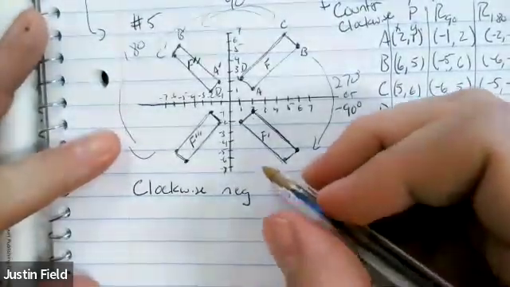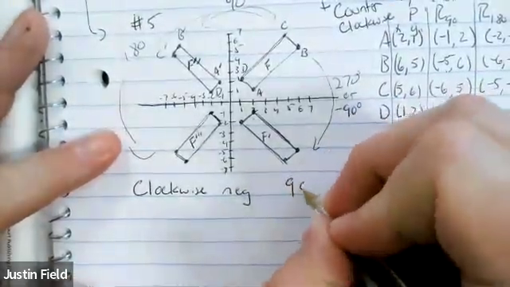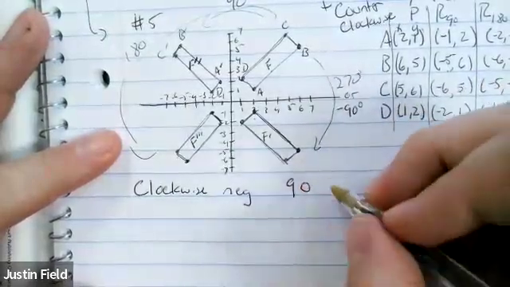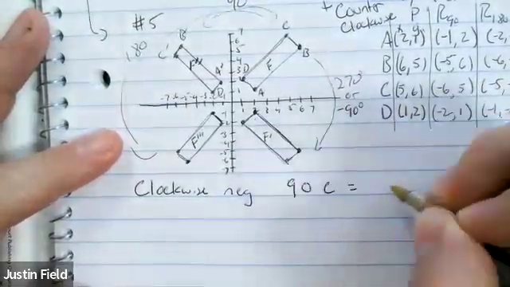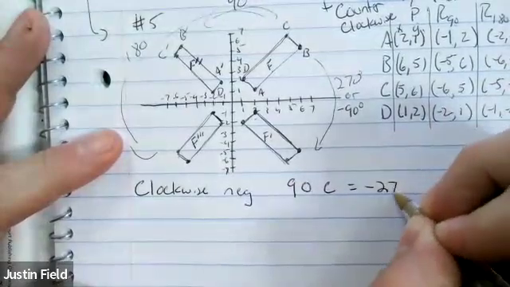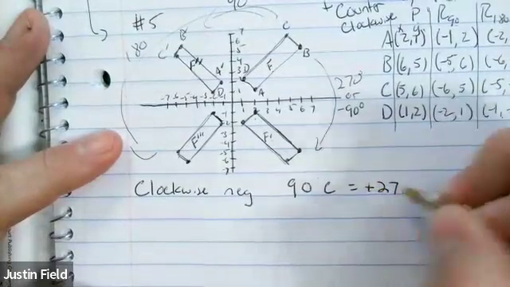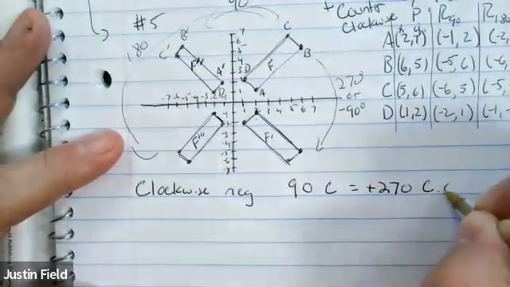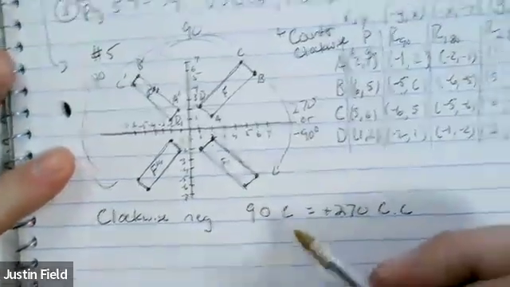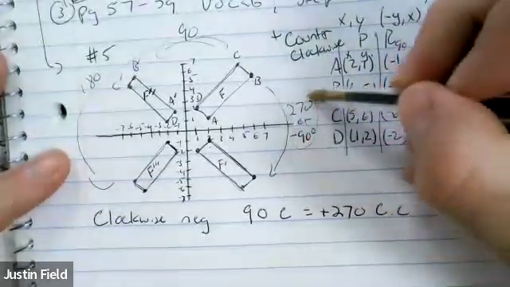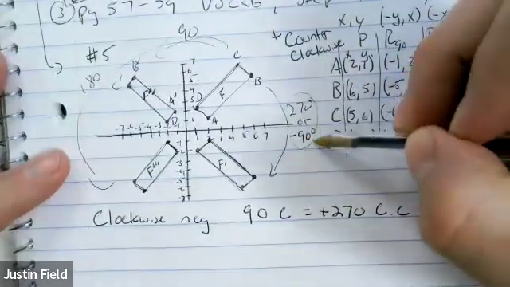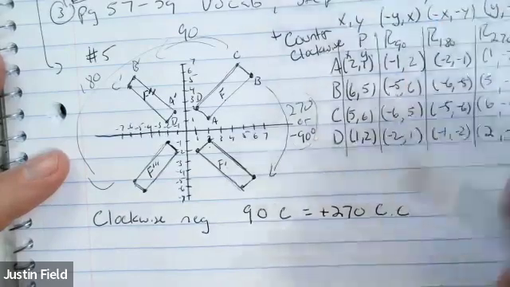So if we have 90 degrees clockwise, that is equal to positive 270 degrees counterclockwise. So you see how I said 270 degrees is equal to negative 90 degrees.